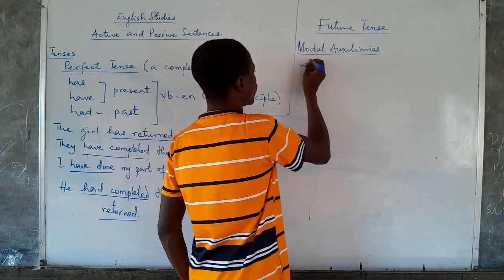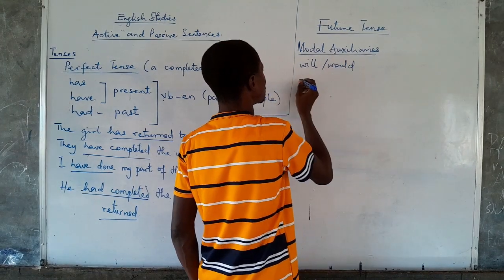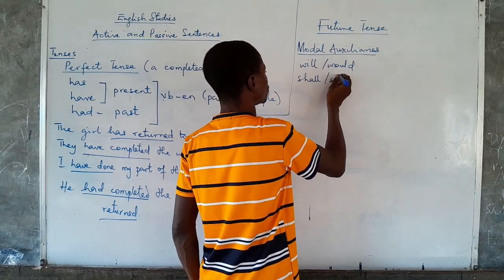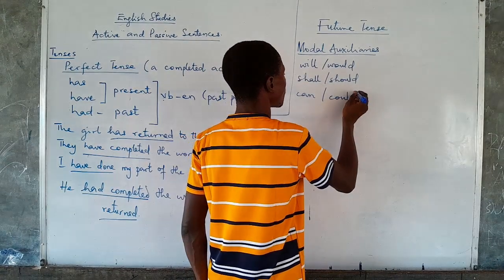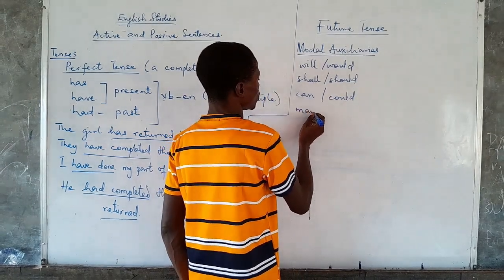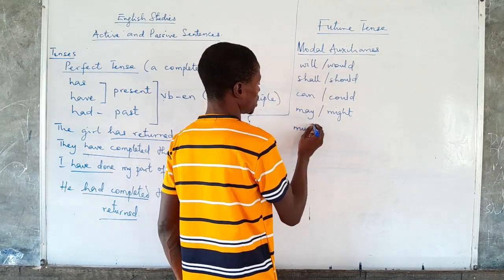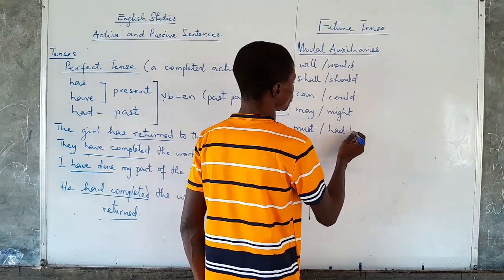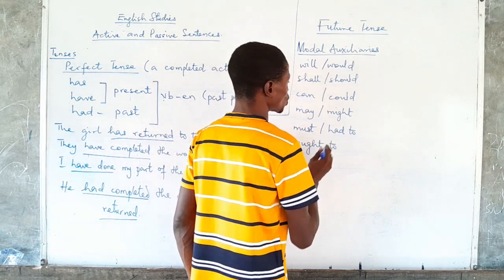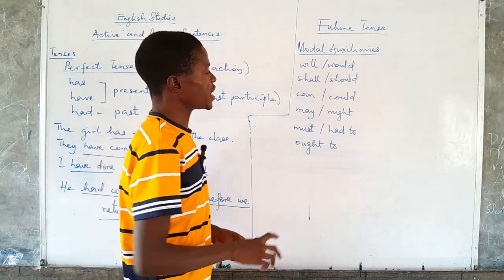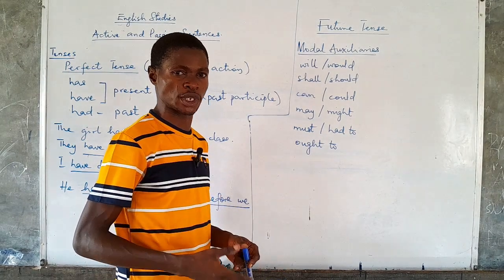Let's consider will as the present form or would in the past. Speaking of shall or should. Speaking of can or could. Speaking of may or might. Likewise, we have must, or we have had to. At the same time, we can have ought to, and so on and so forth. Any one of the following that we use, each one of them has a specific function and specific role they play.